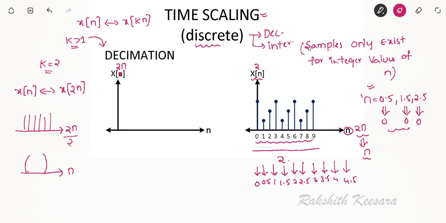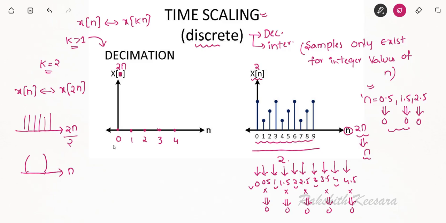But I said that samples only exist for integer values of n. So for n equal to 0.5, 1.5, 2.5, 3.5 and 4.5, the answer will be 0. My samples only exist at n equal to 0, 1, 2, 3 and 4.